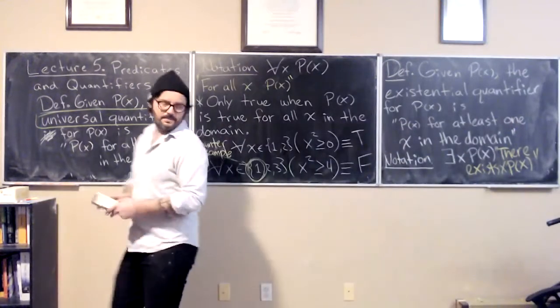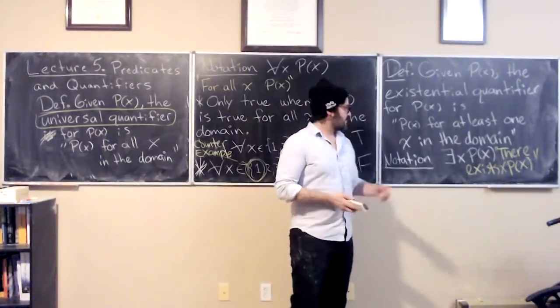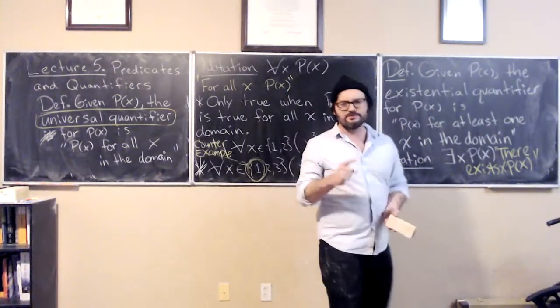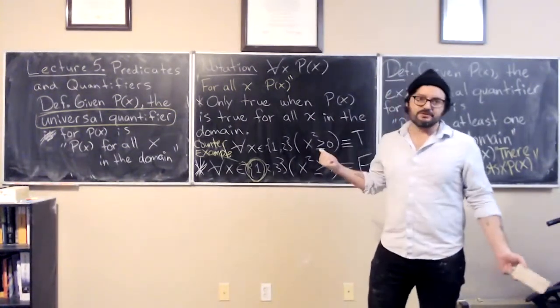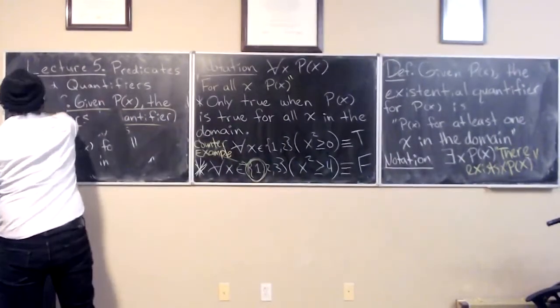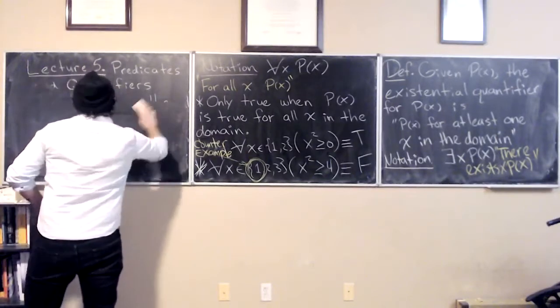For the existential quantifier to be true, it only has to be true one time. As soon as it's true one time, then it's true. So for example, I should probably write that down for you.